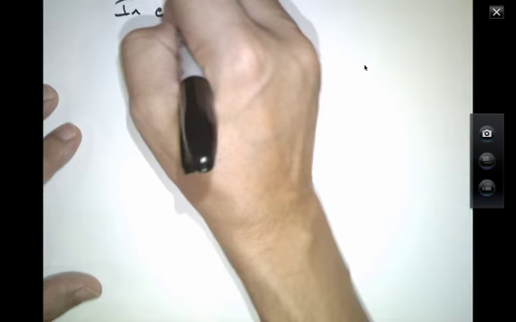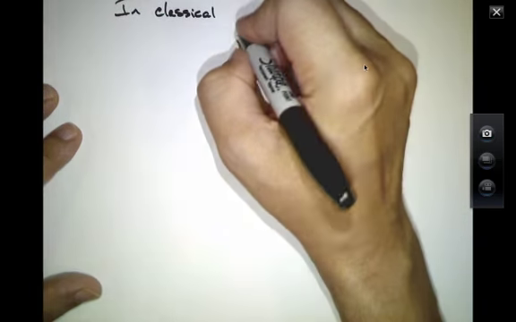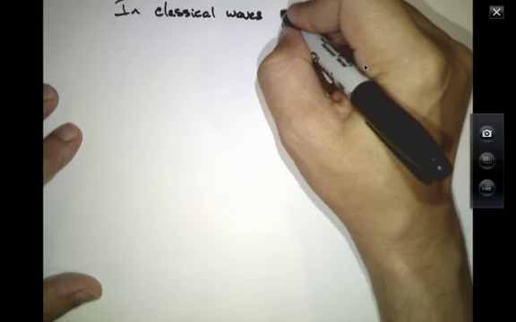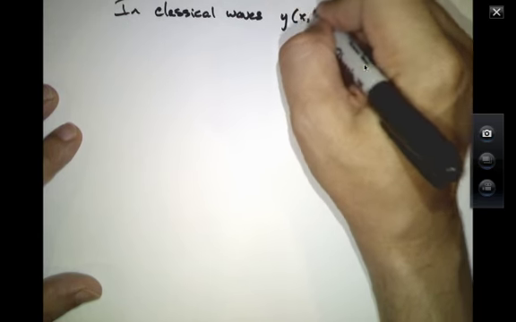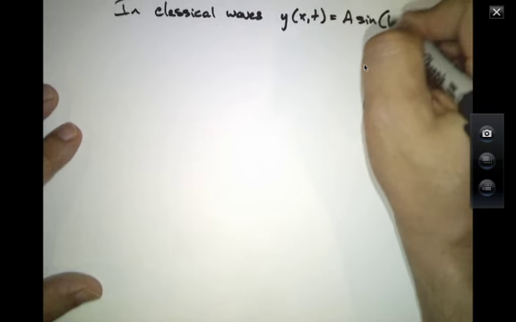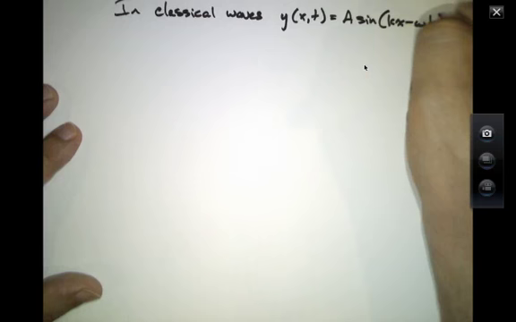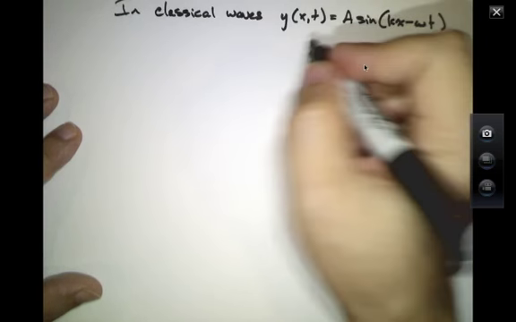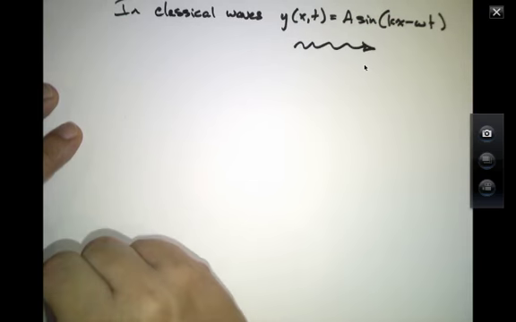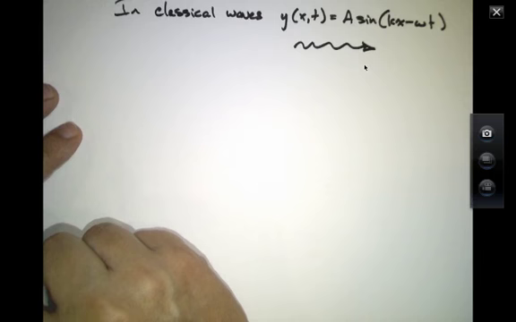In classical physics, we often have traveling waves that look something like this. This, of course, describes a wave moving to the right. Such a wave function could describe a traveling electric field, or a displacement on a string, pressure in the air.